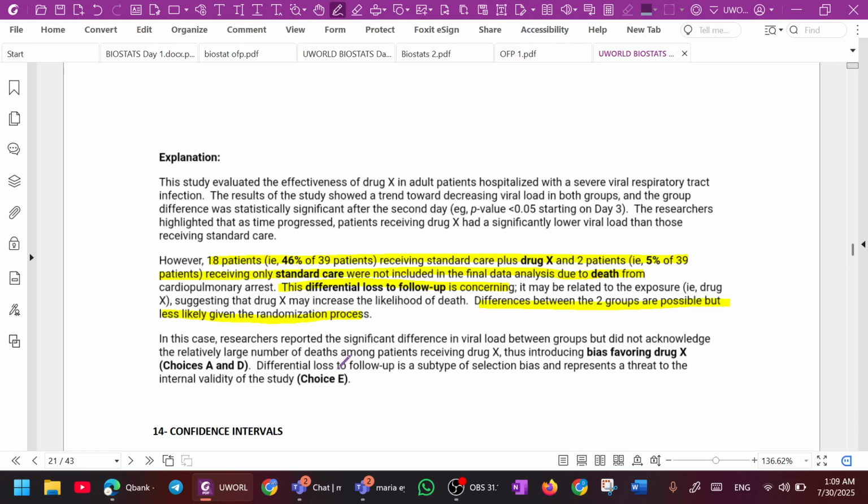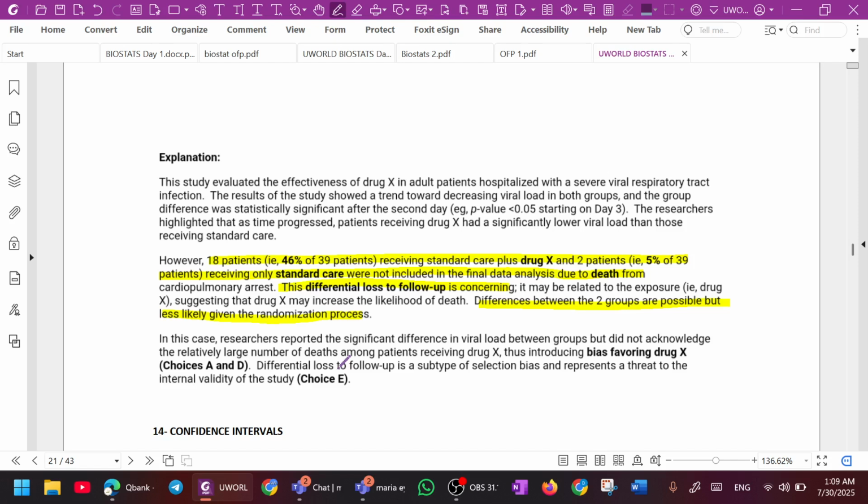I don't know if I can explain it the right way, because what you said is true. It's not statistically significant, but the question is which of the following raises concern that will make this study not valid.